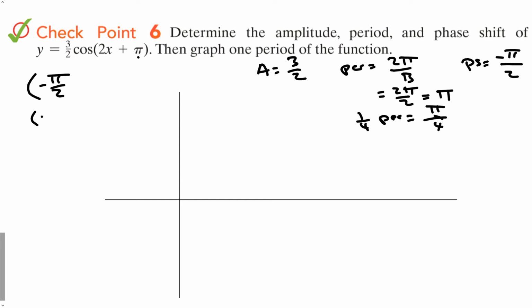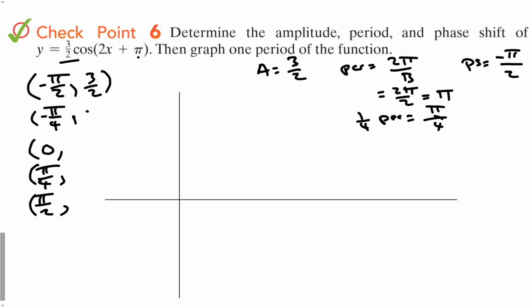And we get negative pi over 4, then 0, pi over 4, and then pi over 2. Y values, that's the maximum, then 0, minimum, then 0, then back to the max.